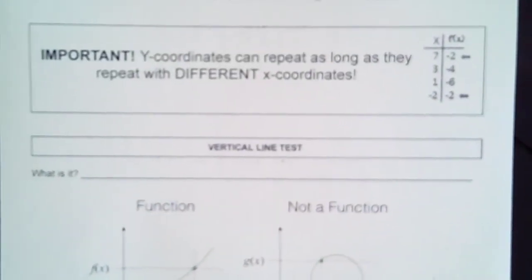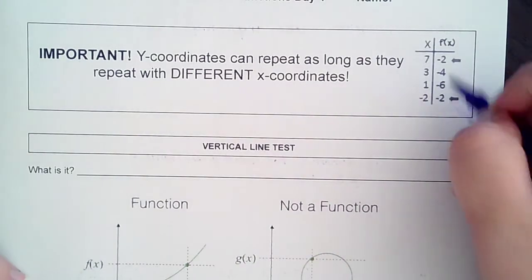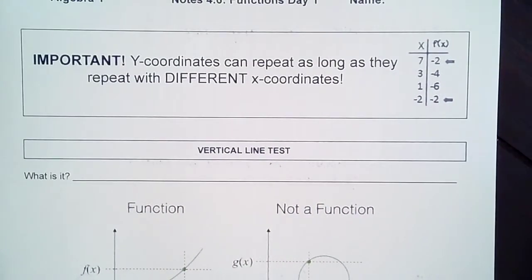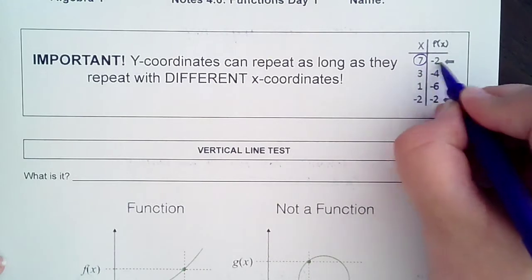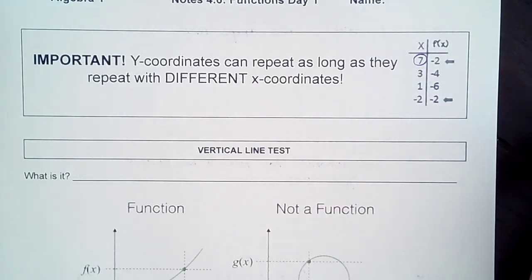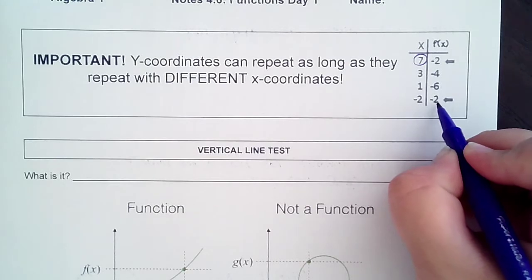Big important note at the top. Crazy big. I tried to make it so you could see it. Y coordinates, stuff on the right-hand side, can repeat as long as they repeat with different x coordinates. So notice, 7 goes to -2. That's okay. But -2 goes to -2.